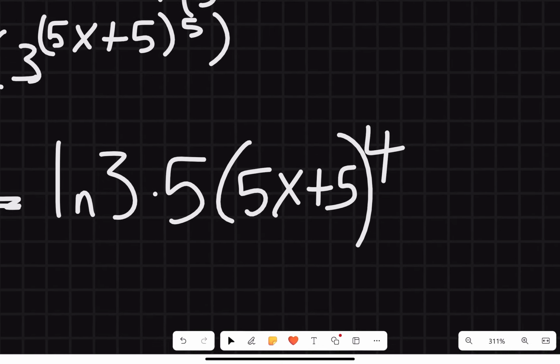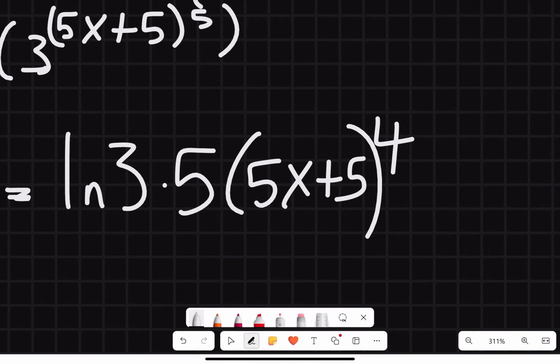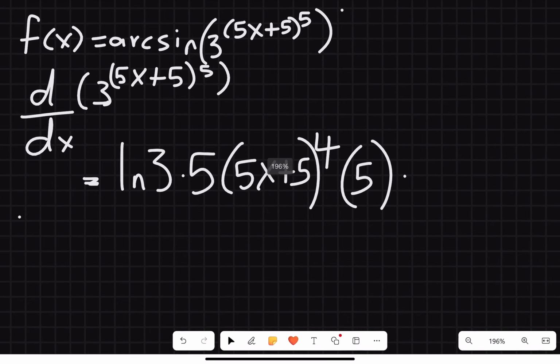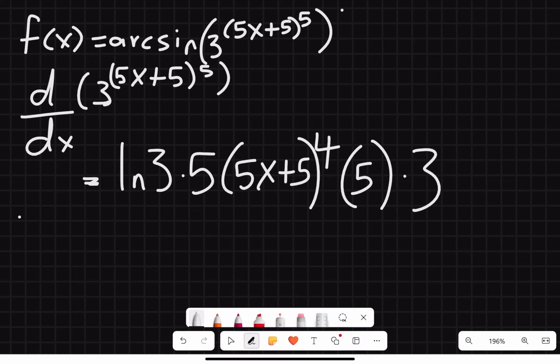And then because I'm doing chain rule, I need to multiply by the derivative of the inside. So the derivative of 5x is 5, and we can see that the derivative of 5 is 0. And then after deriving the exponent, we need to multiply by the same function. So our function is 3 to the power of (5x plus 5) all to the power of 5.